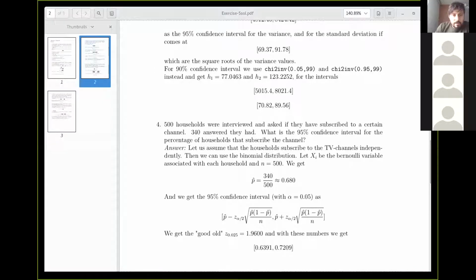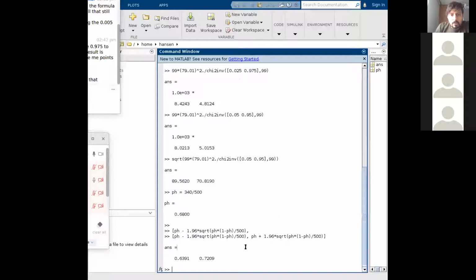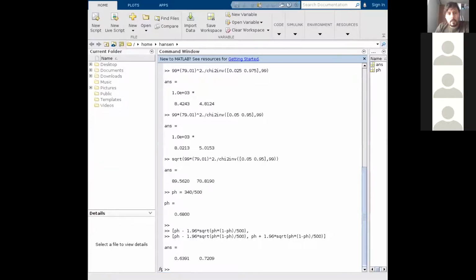I can show you the MATLAB code here. I calculated it here before, I think. No, I don't have it here. Here I calculated it, right? Yeah, that's true. I'll show this. I had these calculations before. So here I set p hat to 340 over 500 as in this question.